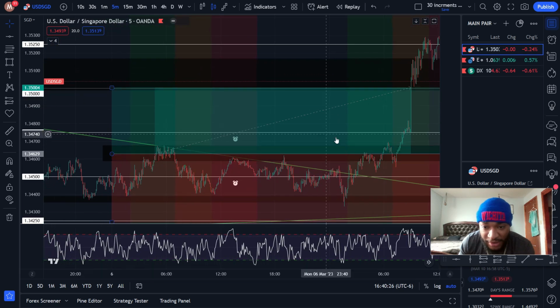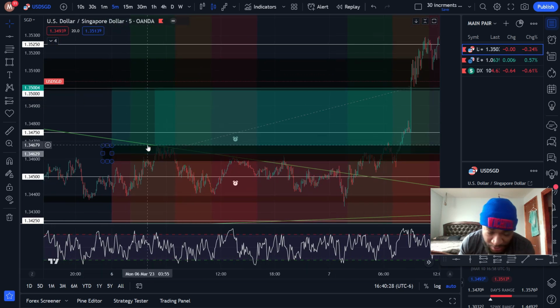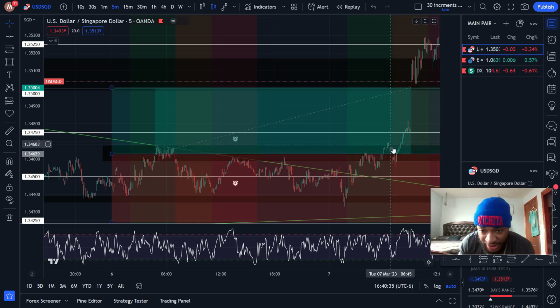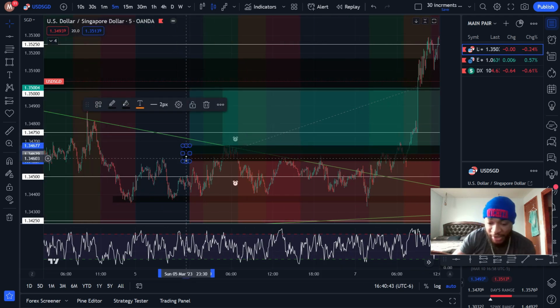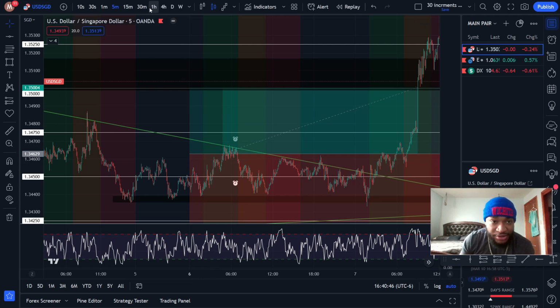I was really confident on this stack position, because once this area got broken, that's a break of structure again to the upside. A little bit of drawdown right there, boom, and you just see the momentum get carried out of this breakout. And that's pretty much how I took this trade.